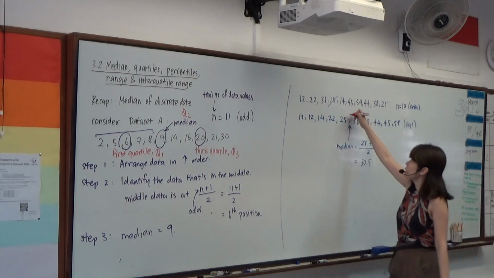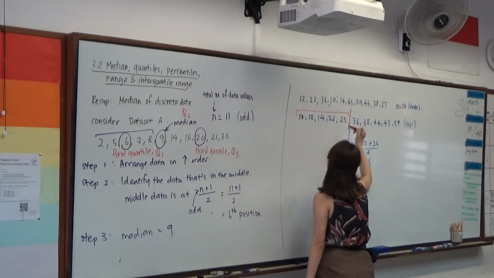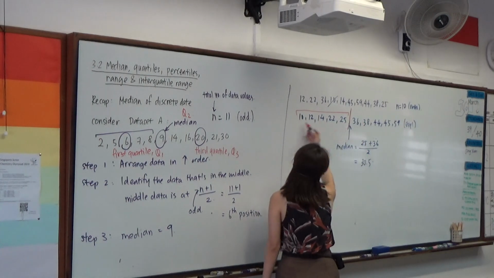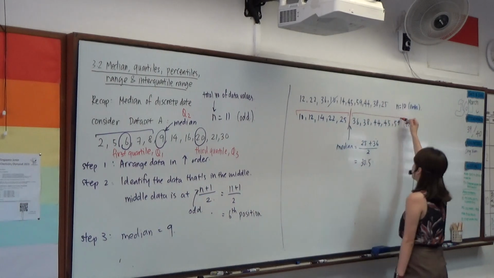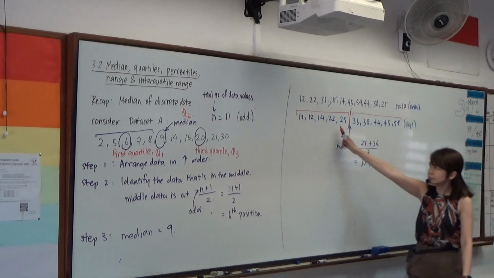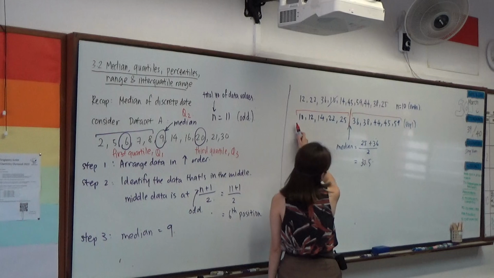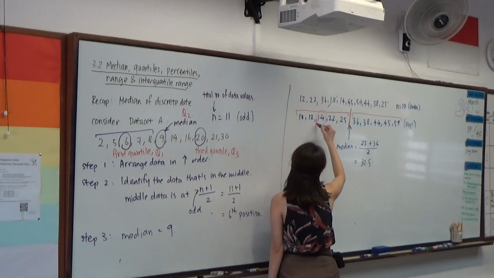Then I have the left side data, so my median is right here. This including the 25 will be my left side data, and down here will be my right side data. For my left side there are 5 data values. 5 is an odd number, so I can identify the one in the center easily.